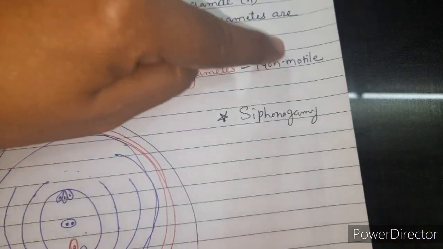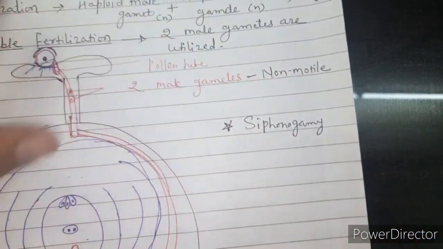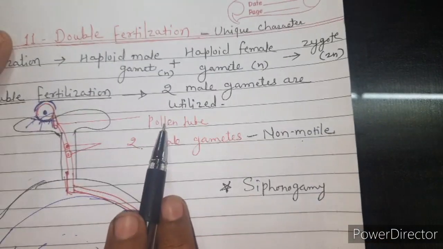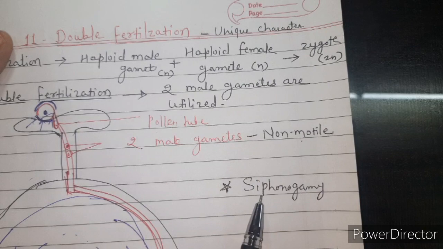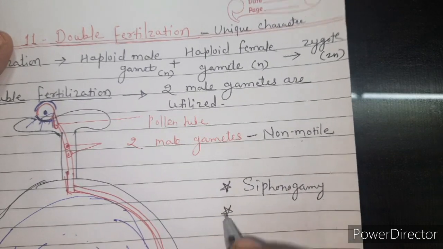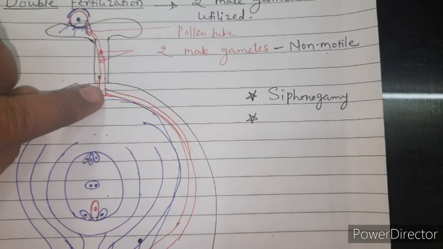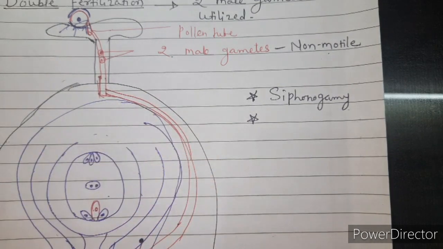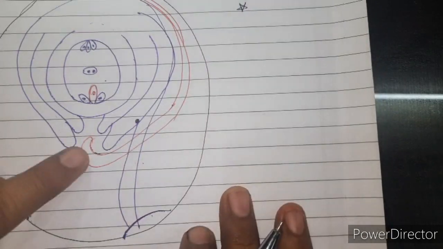That is non-motile male gametes, okay, they are transferred by pollen tube. This is called siphonogamy. Now, when the pollen tube grows, in most of the plants it enters through the micropyle.